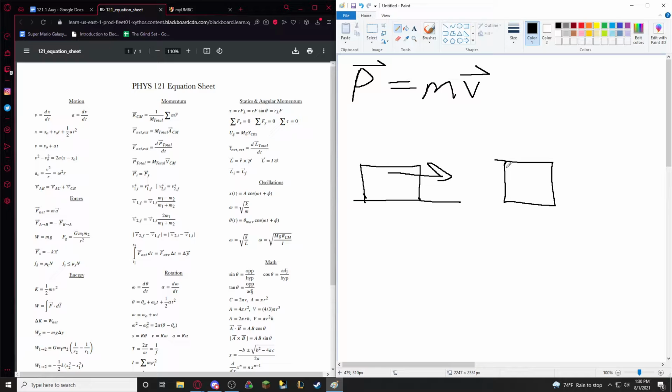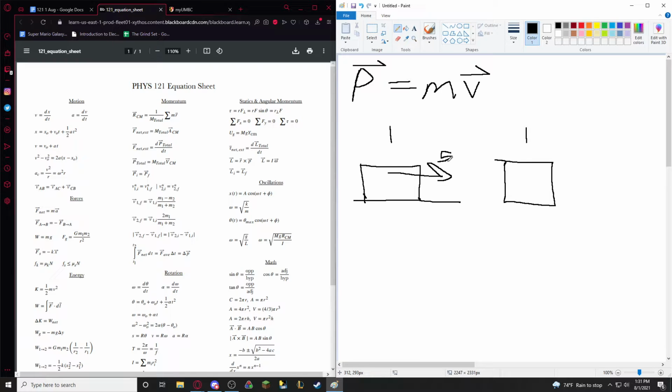So let's use some numbers real quick. Let's say it's just 1 kilogram and also 1 kilogram. We'll keep it simple. And it's initially moving 5 meters per second. What is the initial momentum of the entire system? It'd be 5.